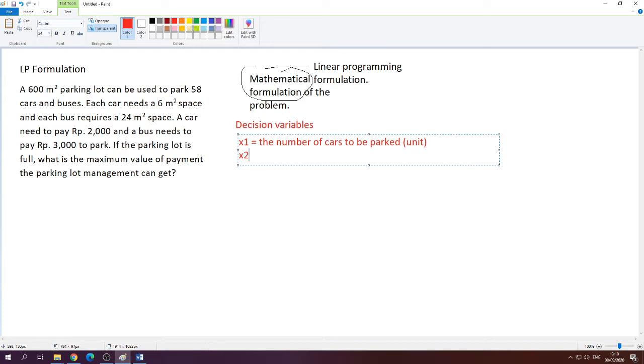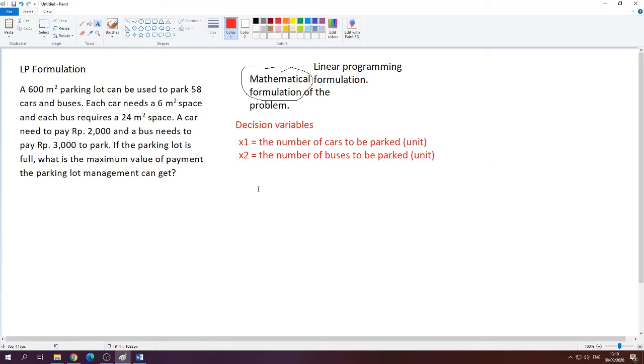And x2 will be the number of buses to be parked, and that should also be in units. Okay, those are our decision variables. And when we solve the problem, we need to find the values of x1 and x2. We are done with the decision variables.